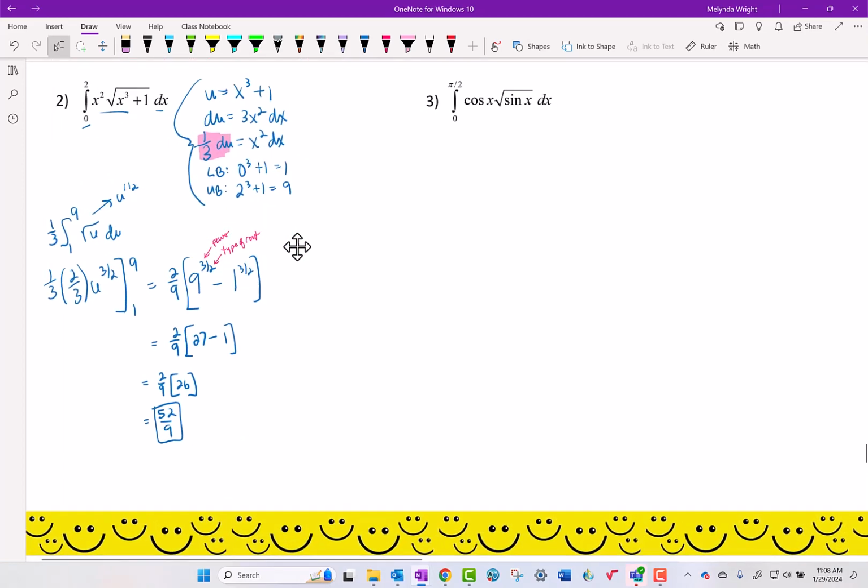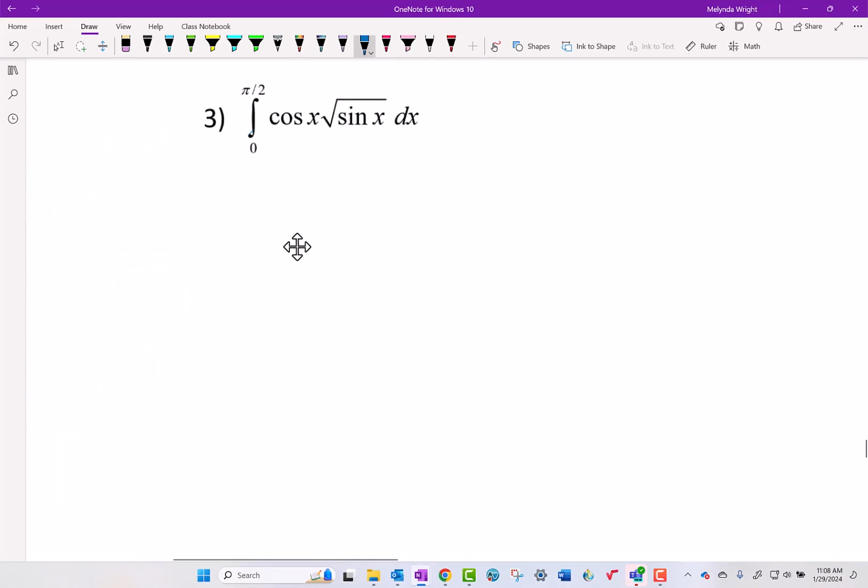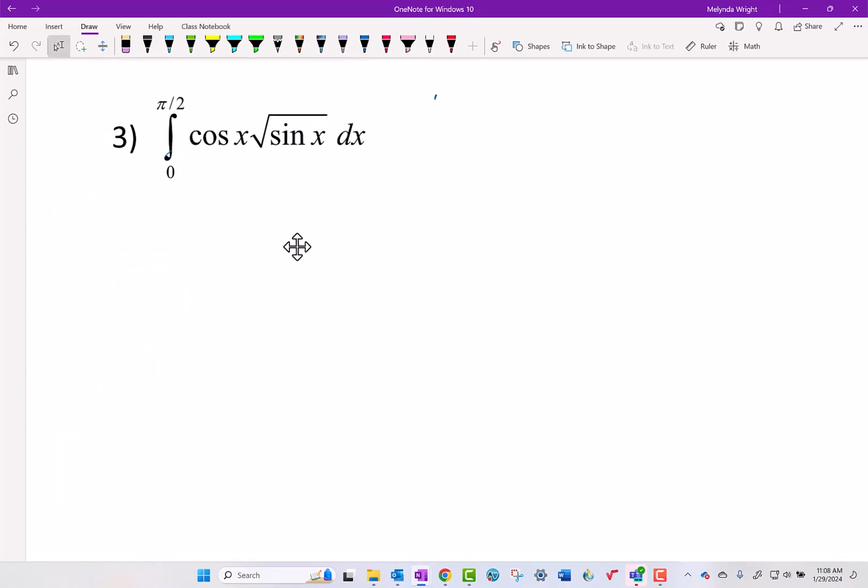So here we go. Let's think about our rules, at least the patterns I talked about. What do you think u would be in this particular integral? It's probably sine. Yep. So u would be sine x. That means du would be cosine x dx.